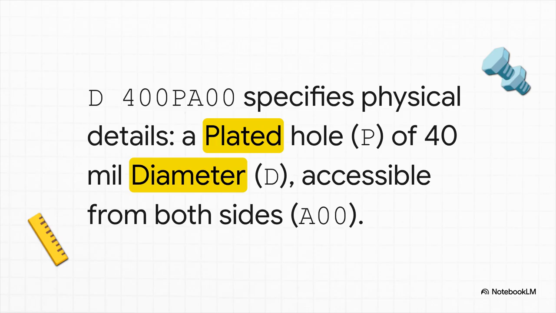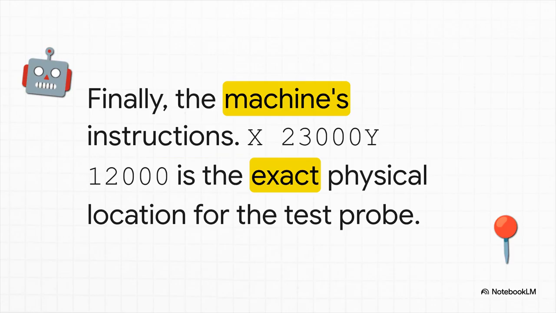All the physical specs the machine needs. And finally, the most important instruction for the machine, the exact X and Y coordinates. X 23,000, Y 12,000. This tells the testing probe precisely where to go on the board. And that's it. That's the whole genius of it, right there, in one line. Two languages, human and machine, with absolutely no ambiguity.